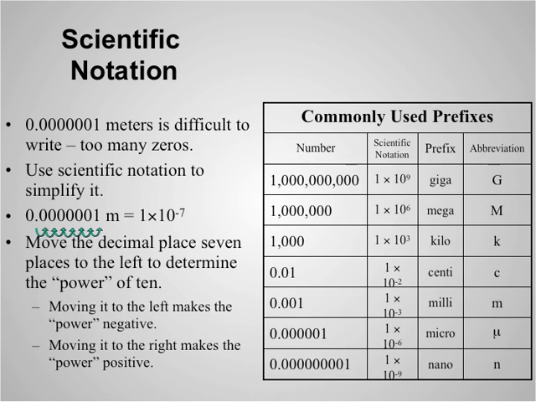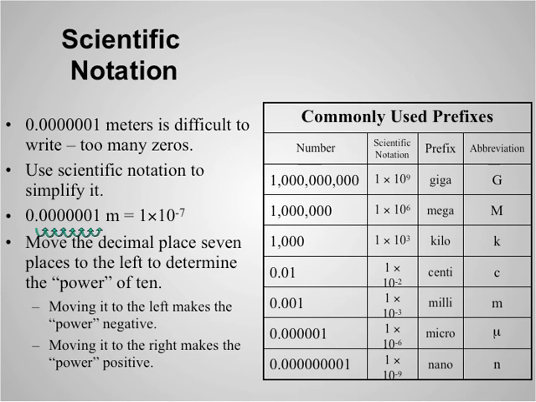Scientific notation is a convenient and more compact way to write very large or very small numbers. Instead of writing out all the zeros preceding or following a number, we instead write the number followed by a 10 to a certain power, which will tell us how many decimal places over the decimal point ought to be moved.